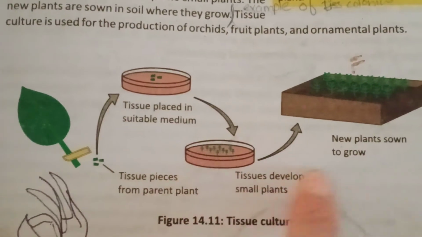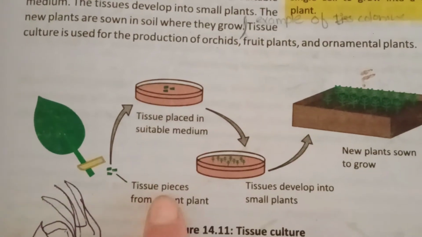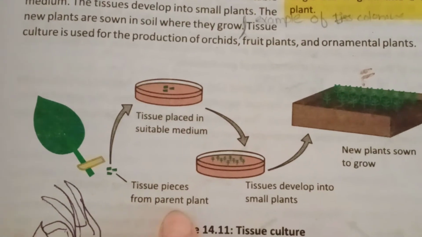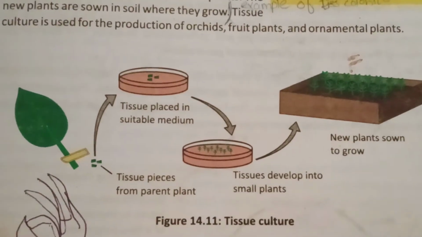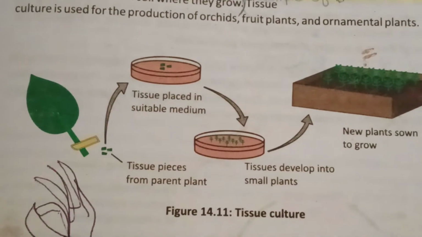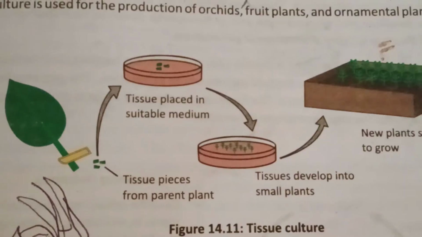These are small plants and these are the new plants from the tissue pieces that were taken from the parent plant. So this is tissue culture, cloning, or micropropagation.